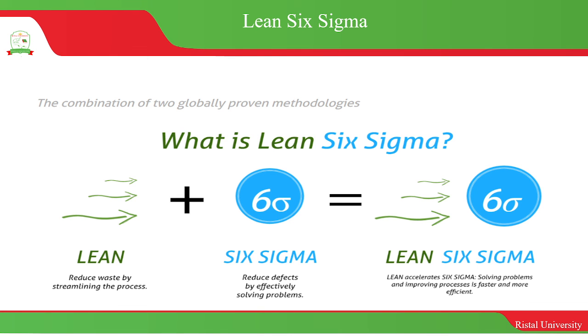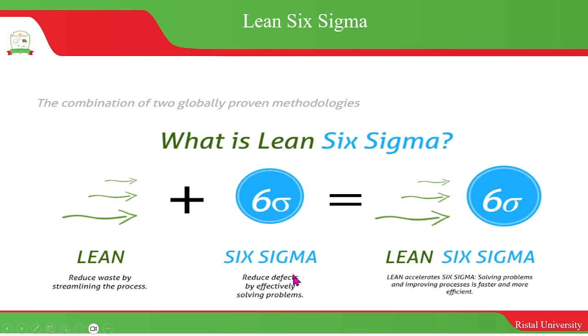Let's look at the Lean Six Sigma. It's the combination of two globally proven methodologies: we have the Lean and then we have the Six Sigma. The purpose of the Lean is to reduce waste by streamlining the process. While we already talked about the Sigma, we said this one reduces defects by effectively solving problems.